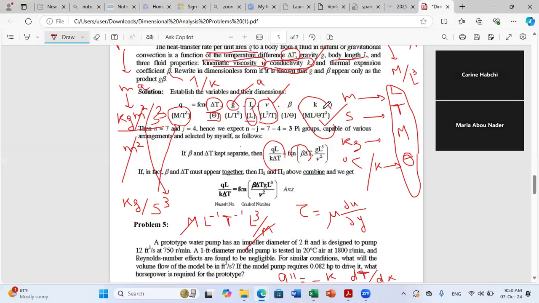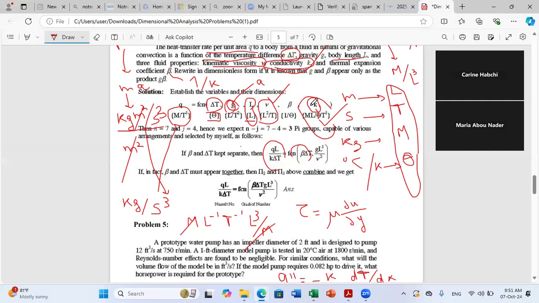K is the only one containing M. Now if I take g, which contains T also, these 4 will be independent, of course. Why? Because you already have 3 variables containing only a dimension that is not present in the others, so you are not able to simplify these dimensions. So this is a possibility.